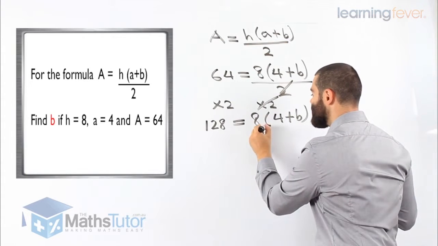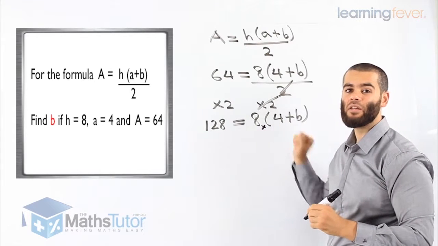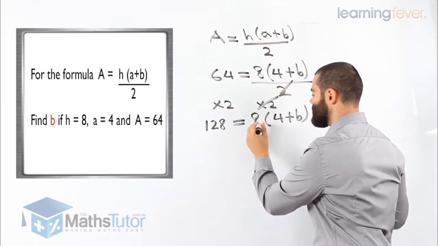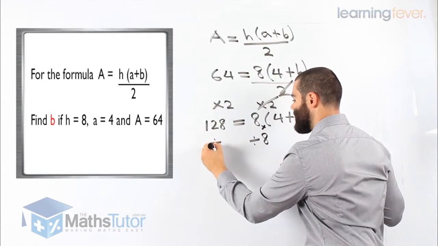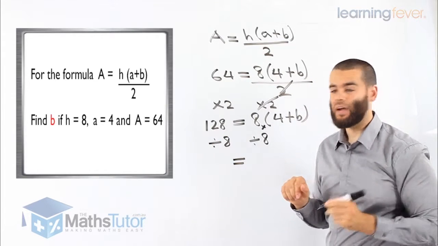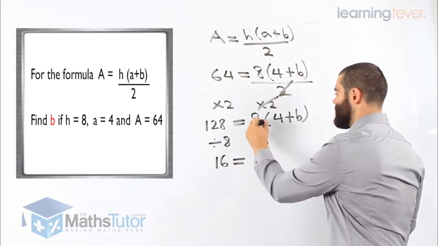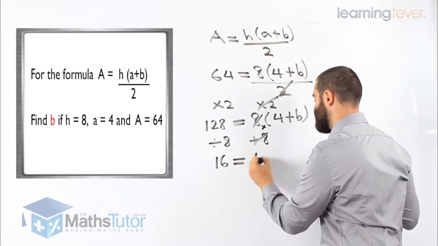We know there is an invisible multiplication right there between the 8 and the brackets. It's 8 times everything inside the brackets. So divide by 8 and divide by 8. 128 divided by 8 is 16. And 8 divided by 8 is 1. They're gone. And we're left with 4 plus b.